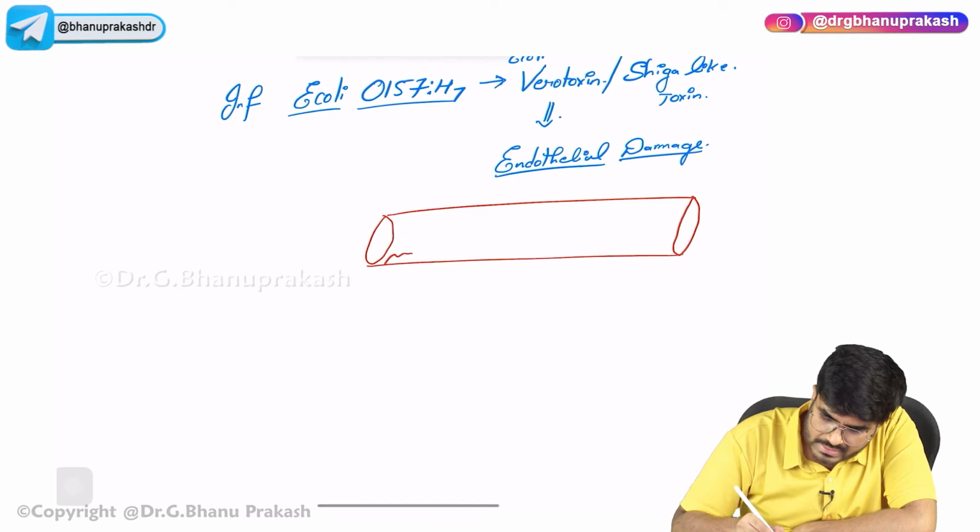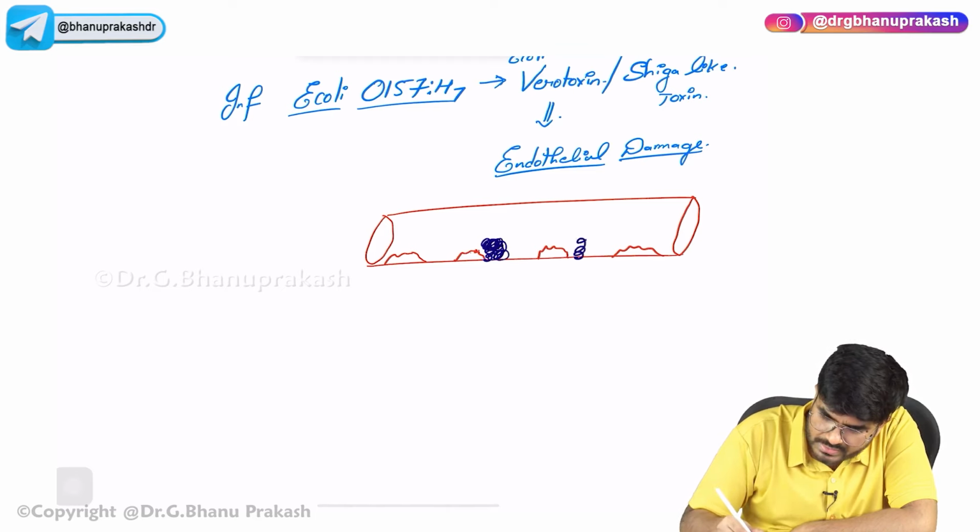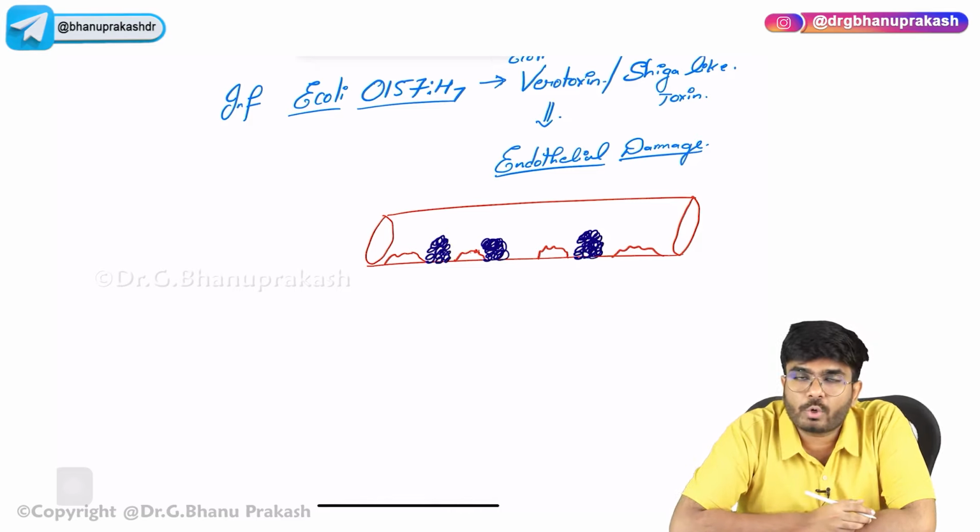Because of the damage to these endothelial cells by the toxin, platelet microthrombi are formed. These platelet microthrombi are going to cause the microangiopathic hemolytic anemia.